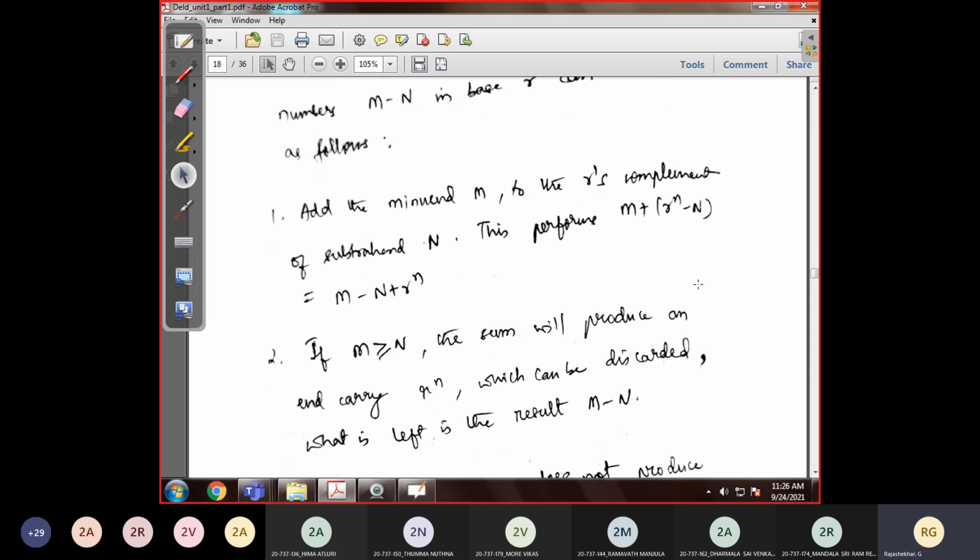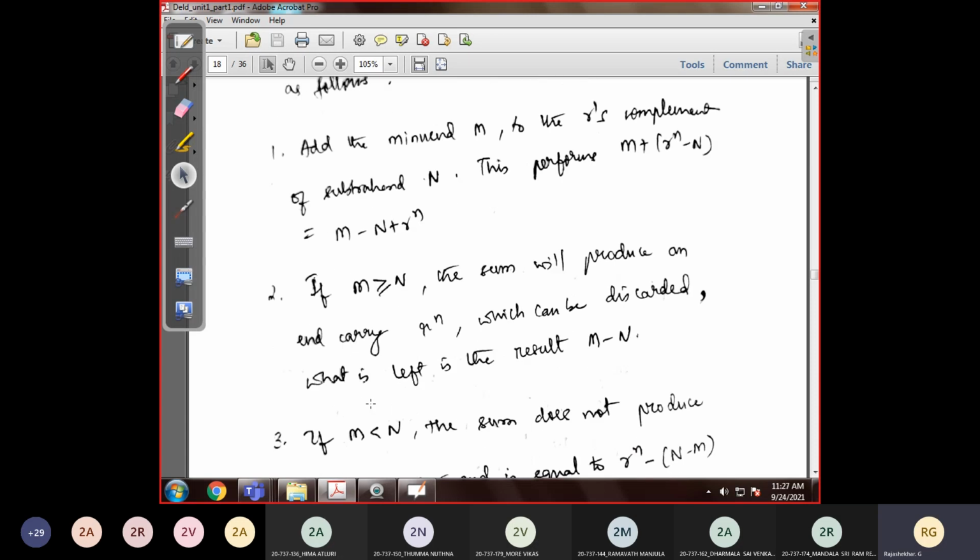Then if m is greater than or equal to n, the sum will produce an end carry, which is the end carry r power n, which can be discarded. So if there is a carry generated because of this addition in the first step, simply discard the end carry which is generated, and whatever is left, that will be the result of the operation m minus n.